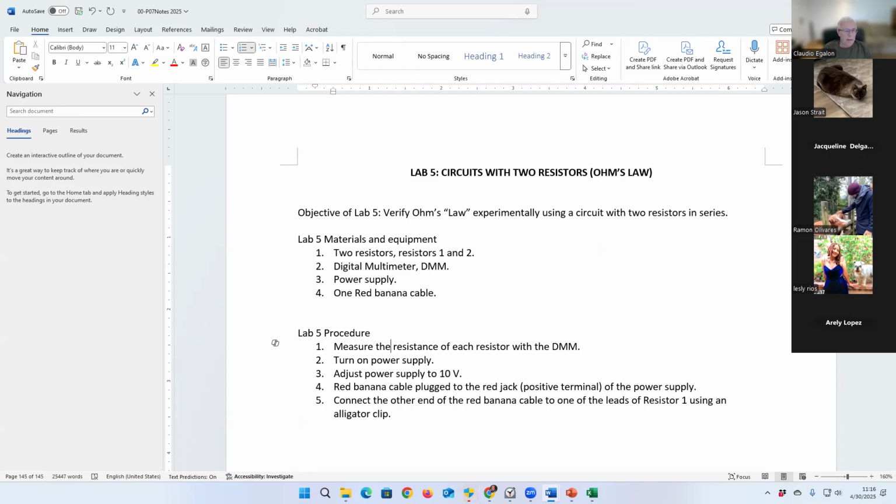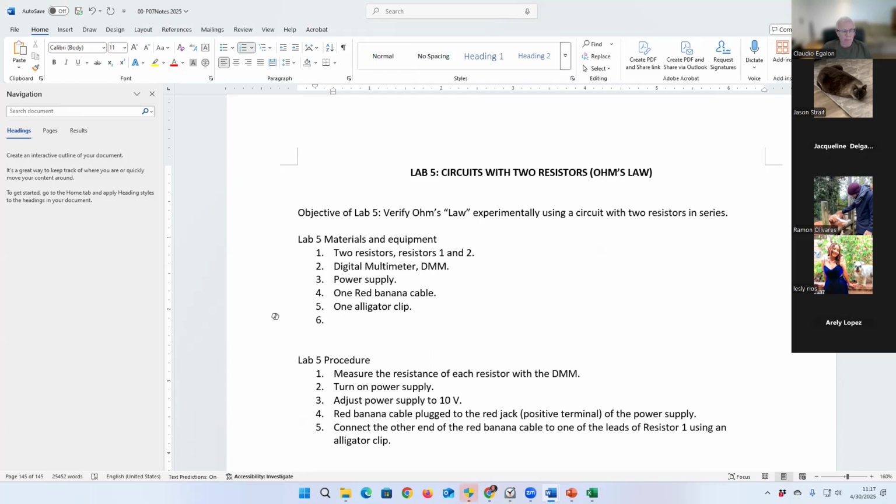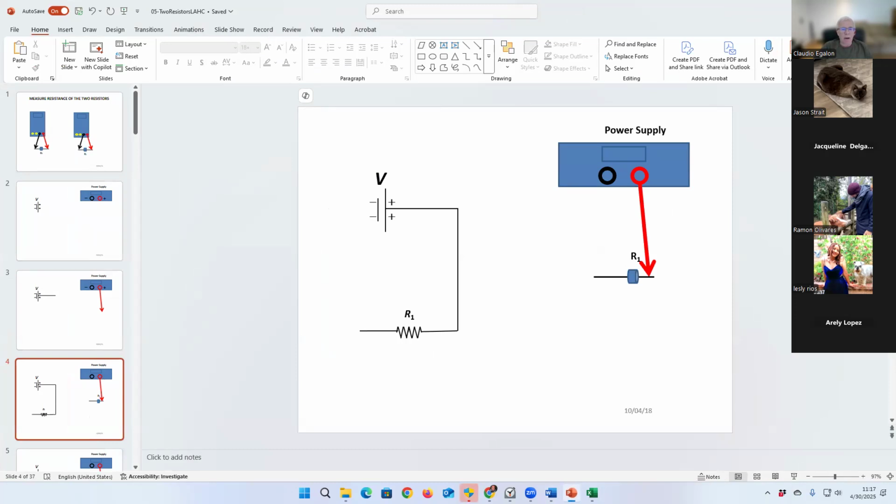So we're going to need at least one alligator clip. As we move along, I'll be adding those numbers here. One alligator clip. We're not making any measurements yet. Here's my circuit. Here's the symbol of the resistor.